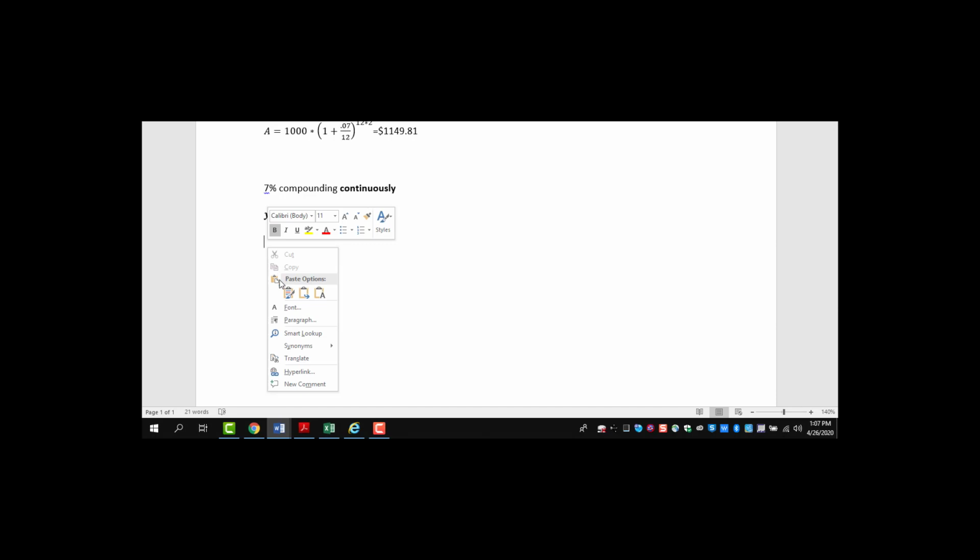And this is continuously compounding. That doesn't mean every minute. It means every millisecond of every minute of every hour of every day of every year. So it will make a difference. It's going to be more than compounding monthly, but we'll see what it is.